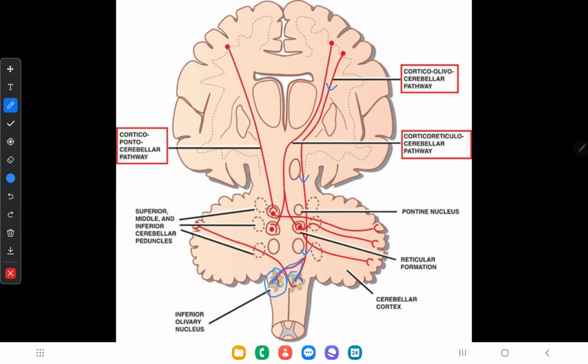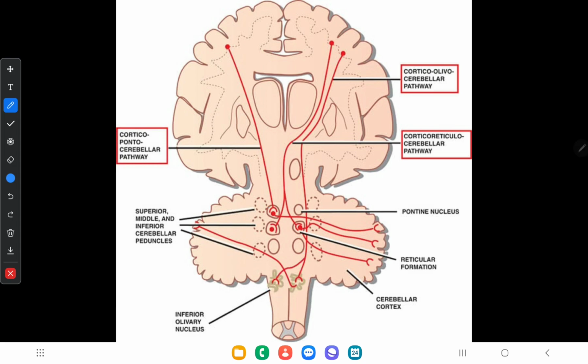These are the inferior olivary nuclei. They cross the midline and enter the opposite cerebellar hemisphere through the inferior cerebellar peduncle. They end as climbing fibers in the cerebellar cortex.